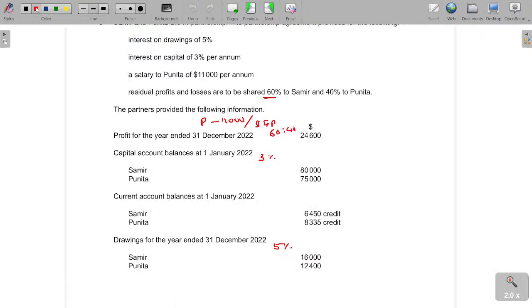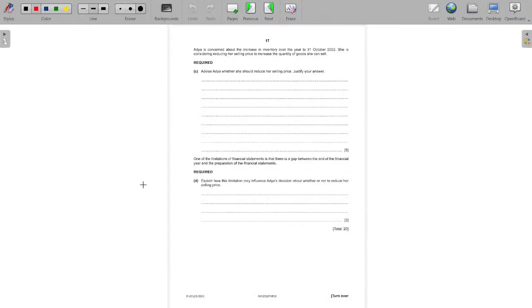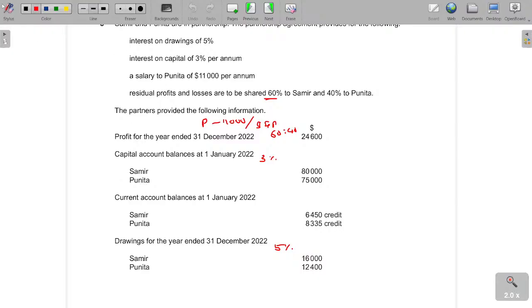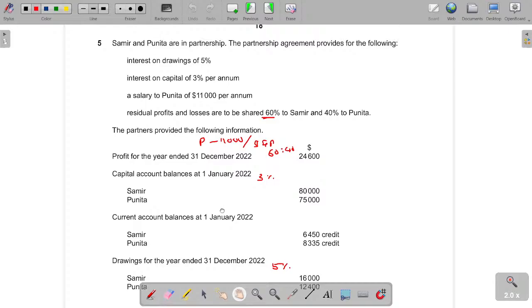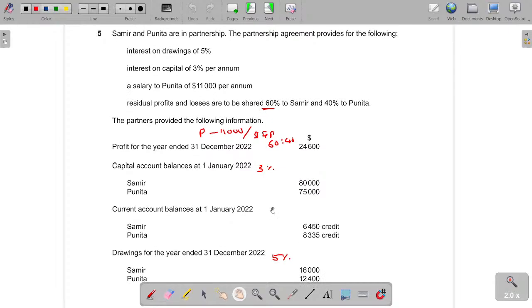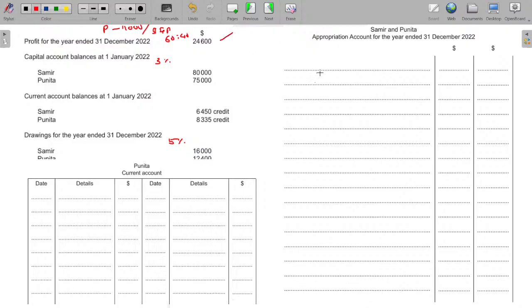Now, what about the profit for the year? 24,600 is the profit for the year. I start from here. Profit for the year, 24,600.